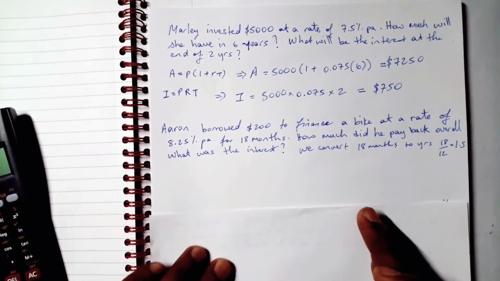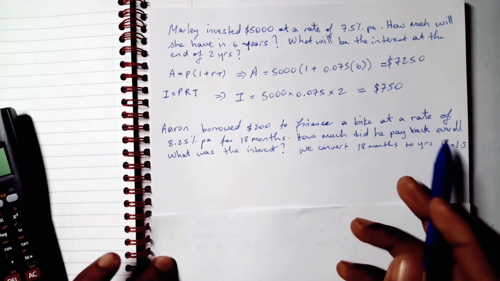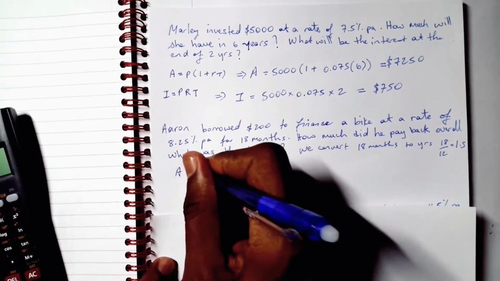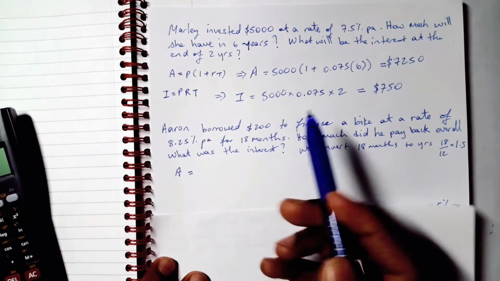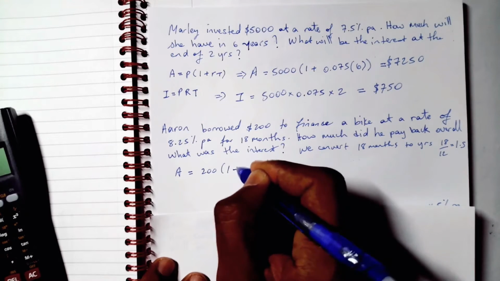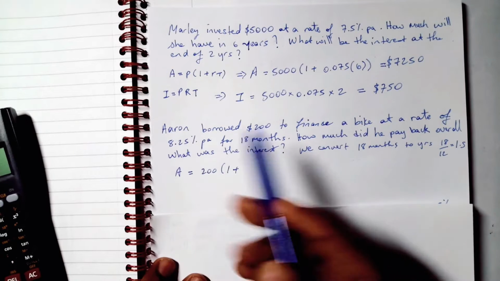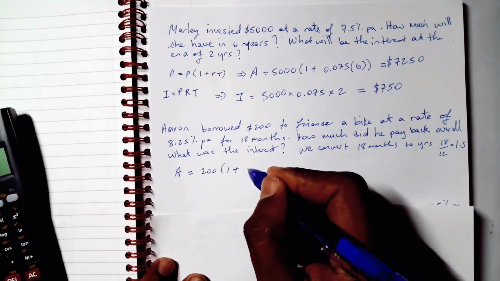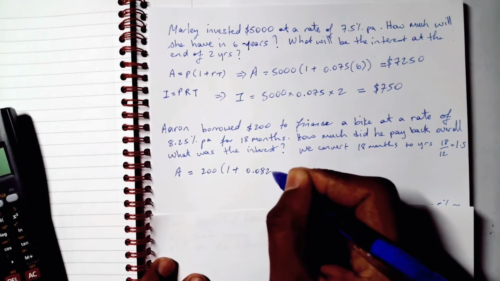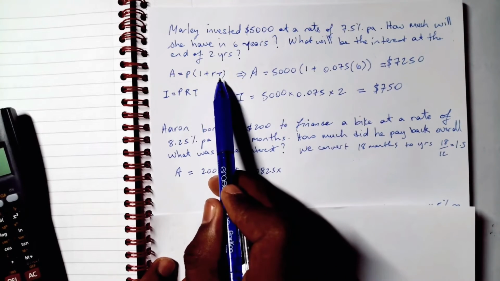Now they're asking how much did he pay back overall. They want the accumulation formula. So A is equal to the principal, which is 200, multiplied by 1 plus the interest rate, which is 8.25 divided mentally to get 0.0825, multiplied by time.